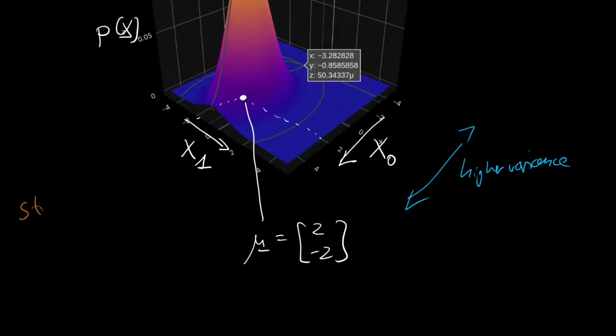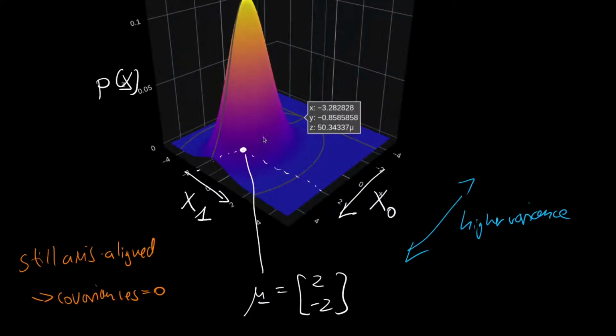So it is still axis aligned, and this would mean that our covariances are 0. So the covariances are 0. In our case, we only have one covariance, but this is 0. But if it wasn't 0, then we would turn around the mean, and then our distribution would have isolines that are ellipsoids in the general R2 space and not necessarily axis aligned with the x0 axis and the x1 axis.